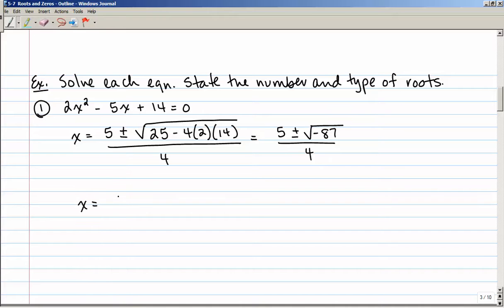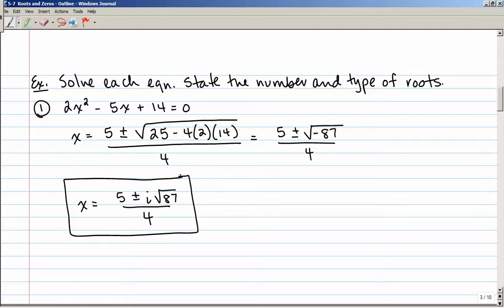So x is equal to 5 plus or minus, taking that -1 out, i square root of 87 over 4. That's the solution to this equation, and it has 2 roots because it's an x squared, and the 2 roots are imaginary. So it has 2 imaginary roots.